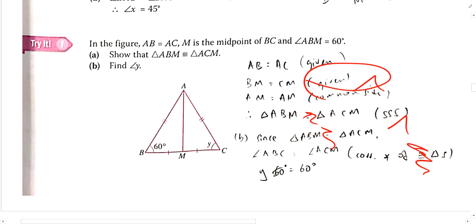Now next, part B. Part B says to find angle Y. Angle Y is ACM, which is over here. Angle Y equals what? Don't just tell me 60 first. Angle ABM. What is the reason?